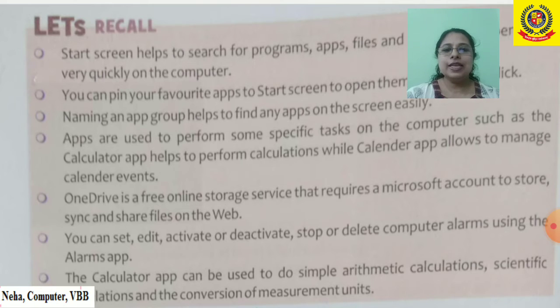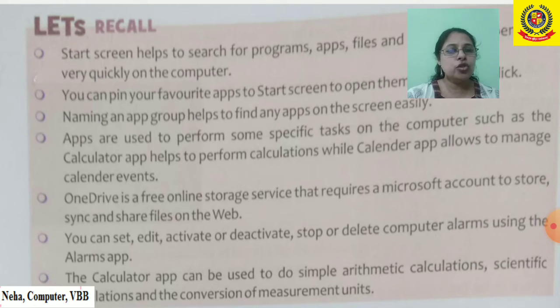So first one is start screen helps to search for programs, applications, files, and we can do it very quickly. Next, you can pin your favorite application on the start screen. And next, naming an application group helps to find any apps on the screen easily. We can name an application and we find it very easily on the screen.